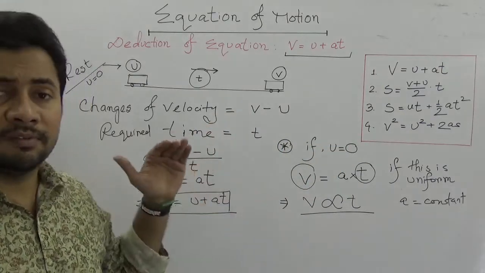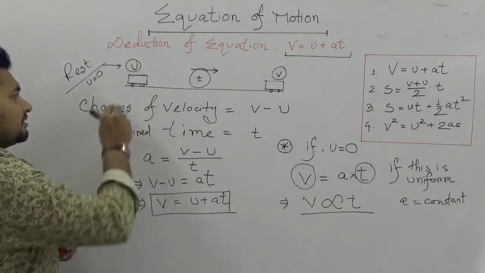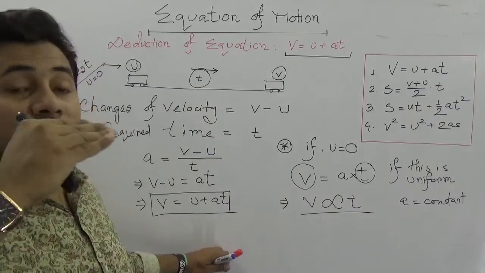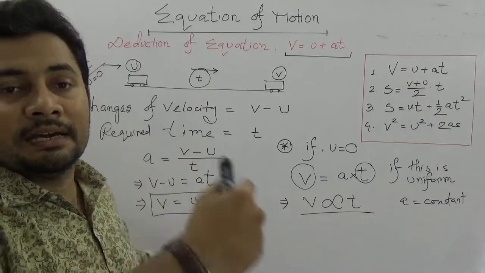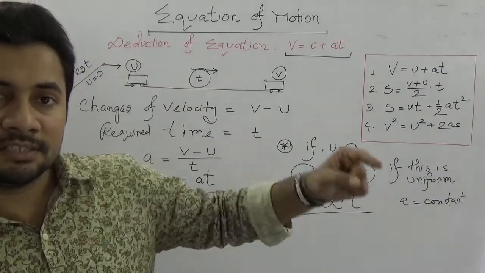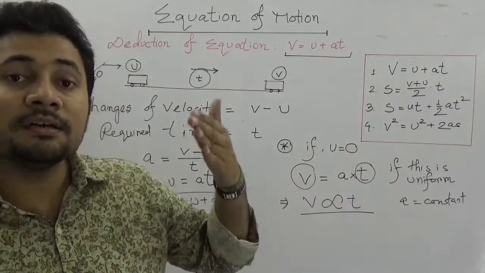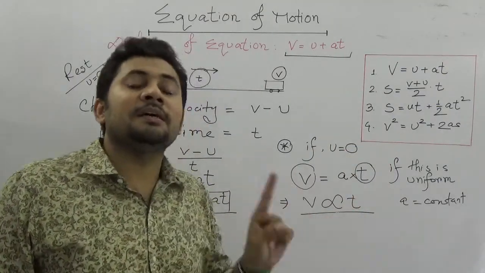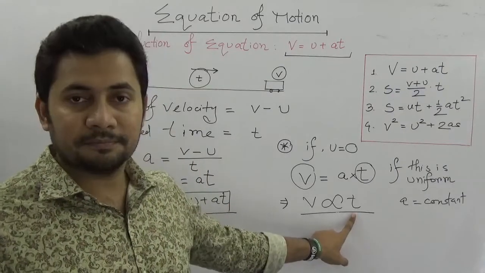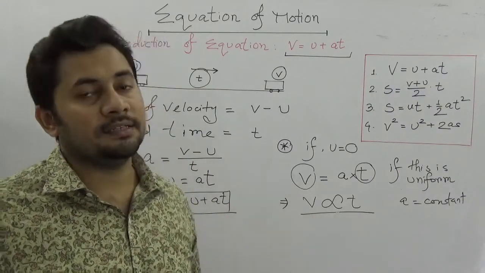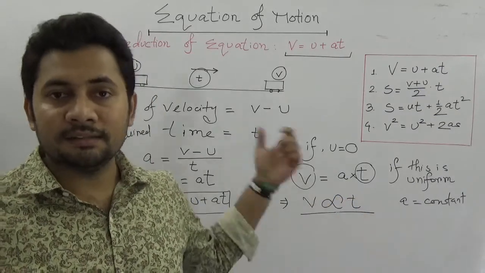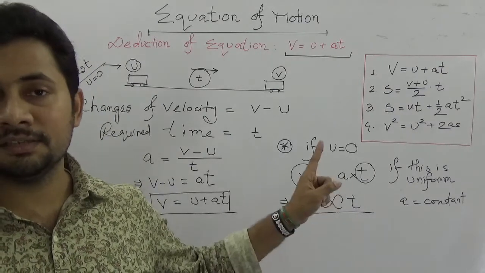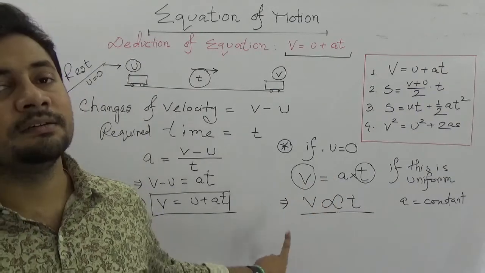If a moving car or an MRT train or anything is moving with uniform acceleration, then each and every second the velocity increases uniformly, so the velocity is simply proportional to the time. The conclusion is that if a is constant and something starts from rest, the velocity depends on time: time increases, velocity increases, and time decreases, velocity decreases.